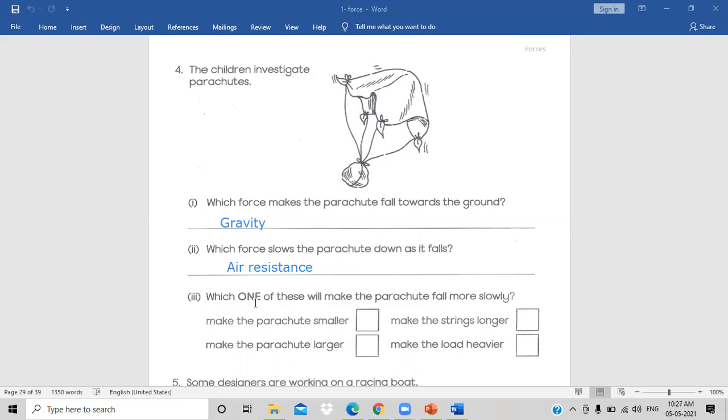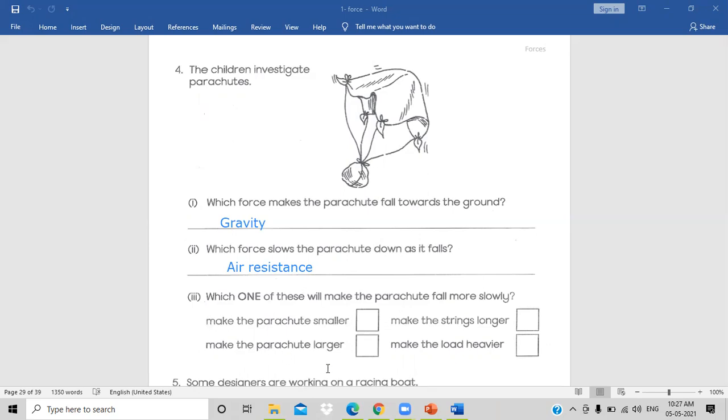So we are going to narrow it down to only two choices, because the other two choices do not make sense. We are confused between make the parachute smaller or make the parachute larger.